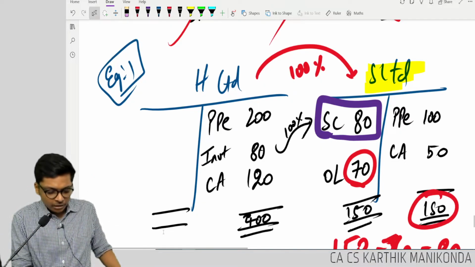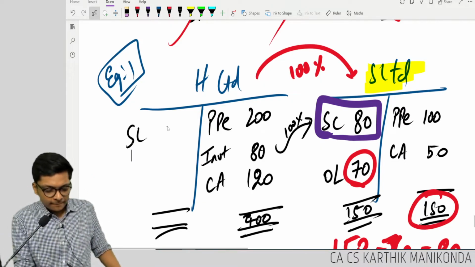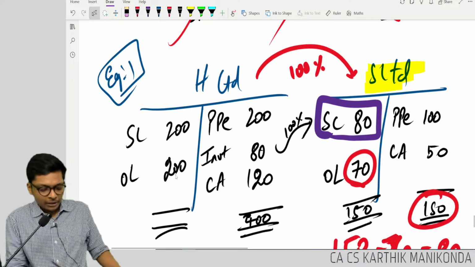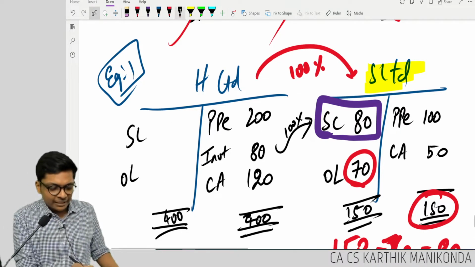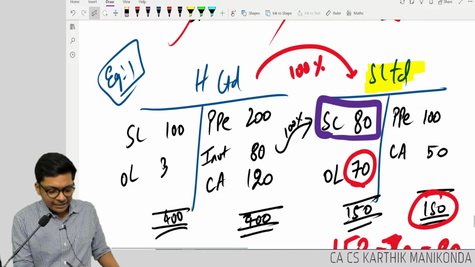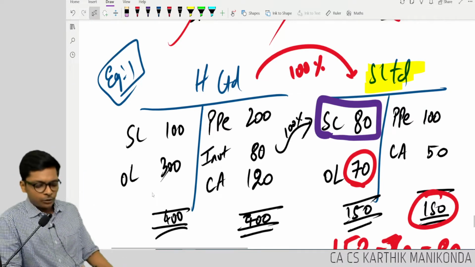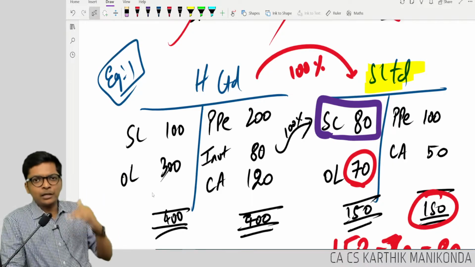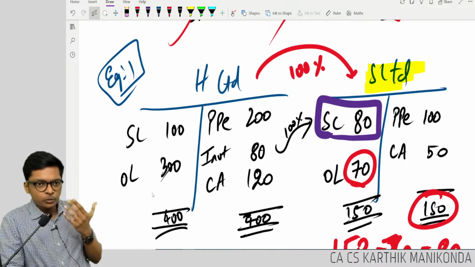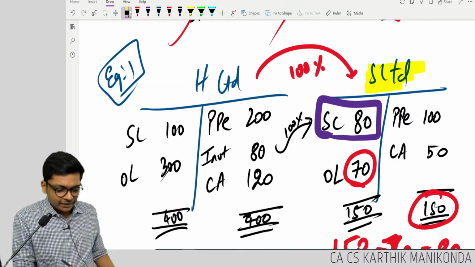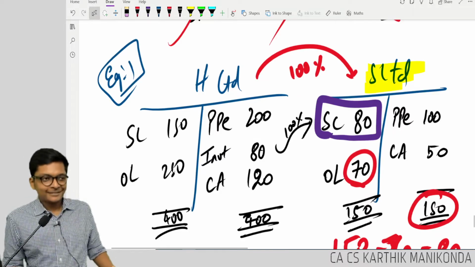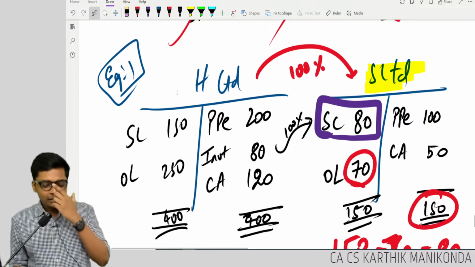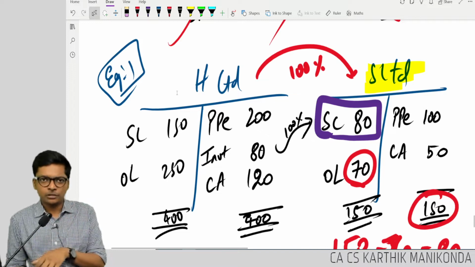Here, share capital 200, other liabilities 200, or if you feel you want it to be different, keep share capital 100, other liabilities anything is fine. Which one do you want to keep, 100, 300 or 200, 200? Okay, I will keep it as 150, 250. Fine, 150 and 250 are my values. Are you understanding, guys?